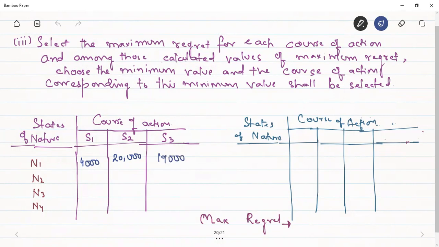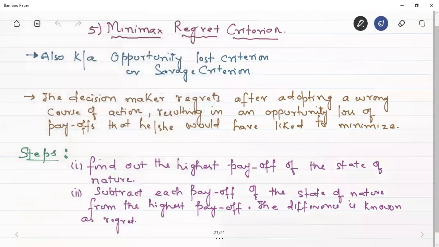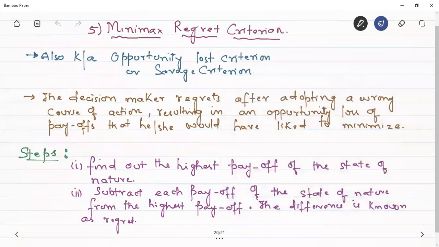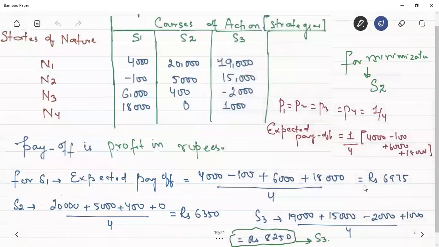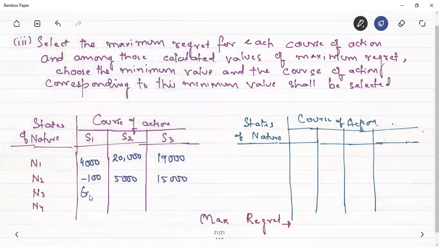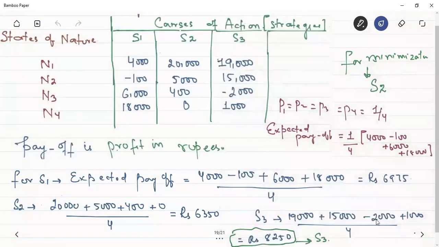What was in the second row? It was minus 100, 5,000, and 15,000. And in the third row, it was 6,400 and minus 2,000. And finally, in the fourth row, it was 18,000, 0, and 1,000.